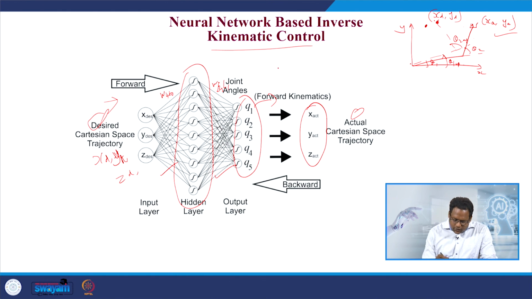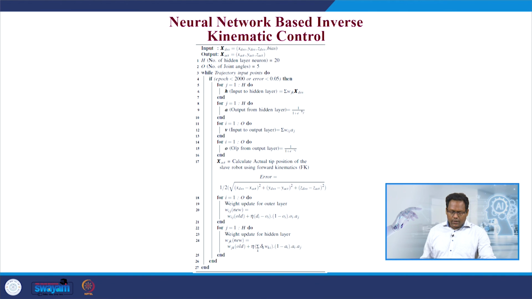That is how the training of this network happens. This procedure is almost a semi supervised or semi unsupervised learning, and with this we are able to track the given desired trajectory precisely.